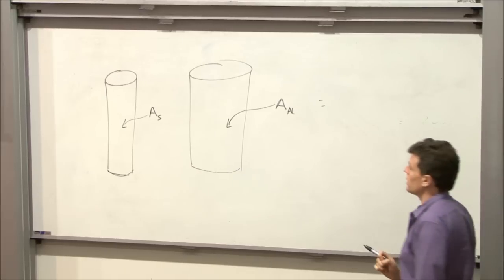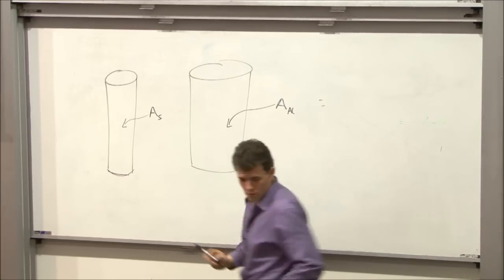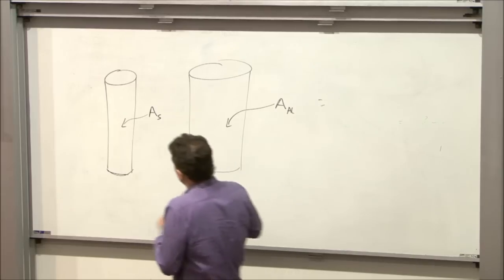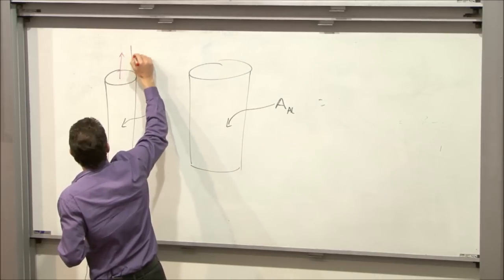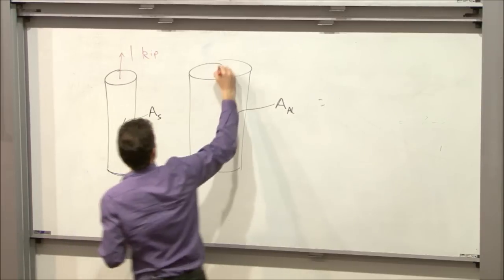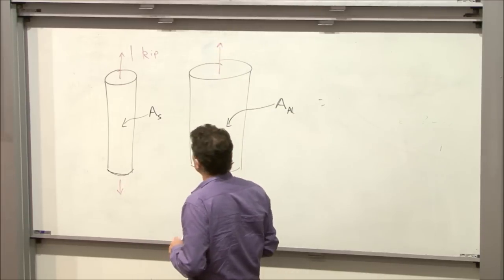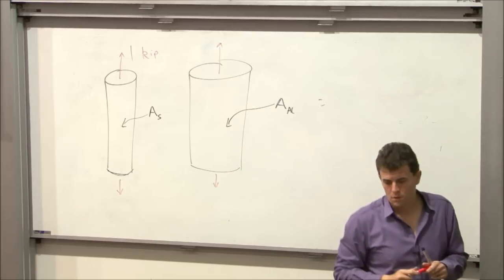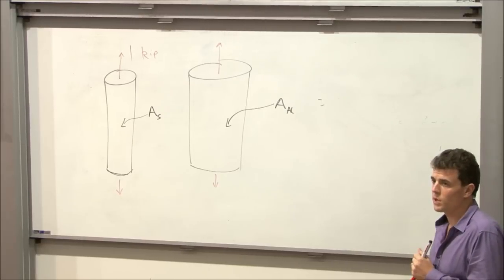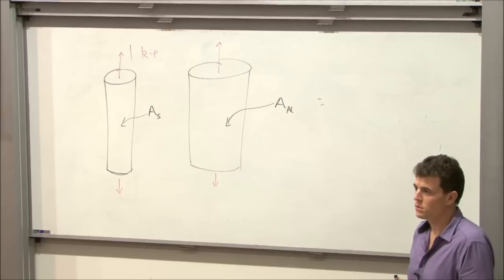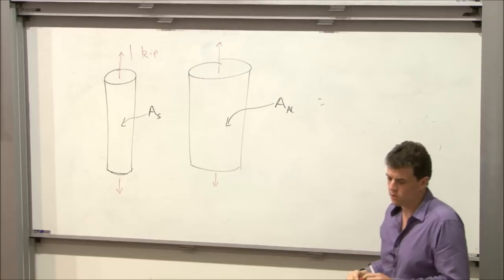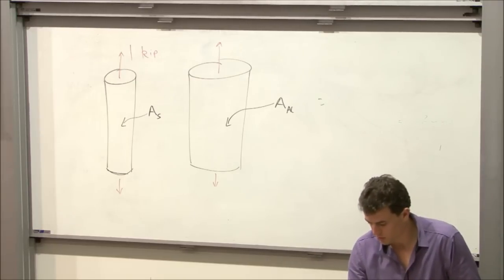Now let's just compare. Say we want both of them to be able to carry 1 kip. How do we go about determining the cross-sectional area of each one to be able to do that in tension? We'll say we're working on yields. We want it to not yield at 1 kip, so not to fail, but we don't want it to yield at 1 kip.